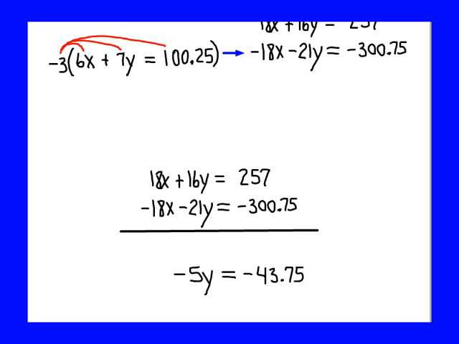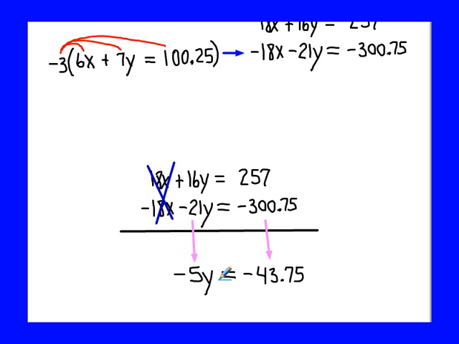So when we combine these equations, the x terms cancel each other off, and on the left side 16y minus 21y gives me -5y. On the right side 257 minus 300.75 gives us -43.75.